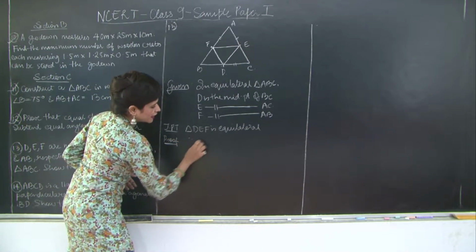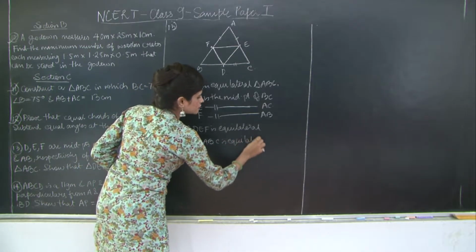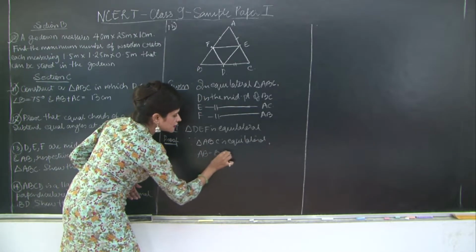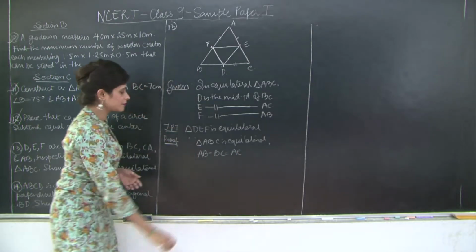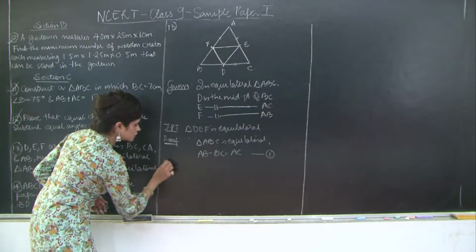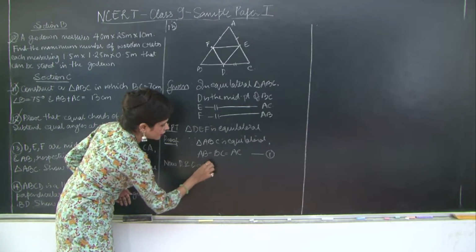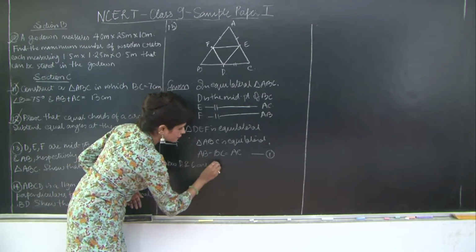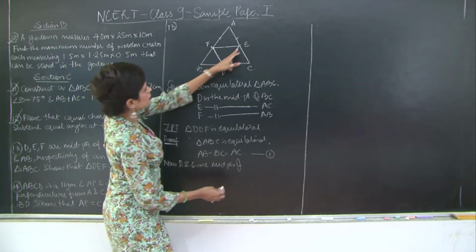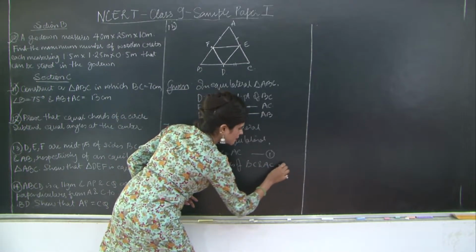Since triangle ABC is equilateral, what do I get? AB is equal to BC is equal to AC, right? And I'll mark this as 1. Now, D and E are midpoints of BC and AC respectively.